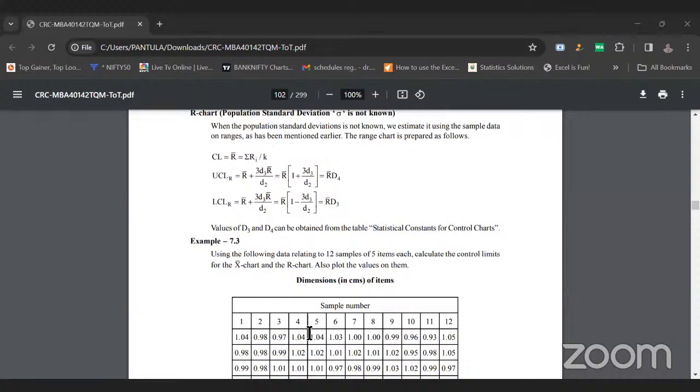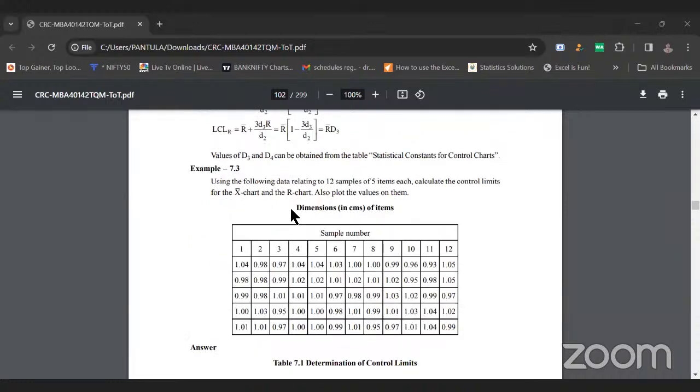So we stopped here, and let's say that using the following data, 12 samples are there: sample 1, 2, 3, 4, 5, 6, 7 up to 12.